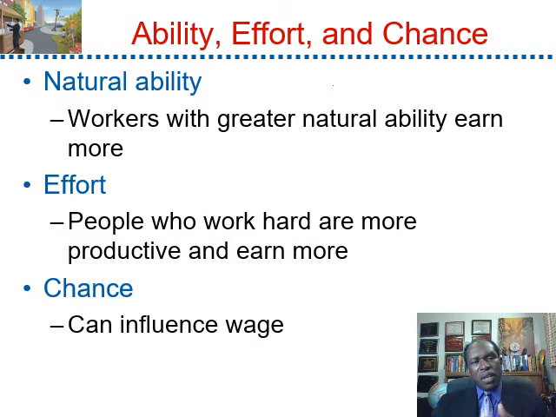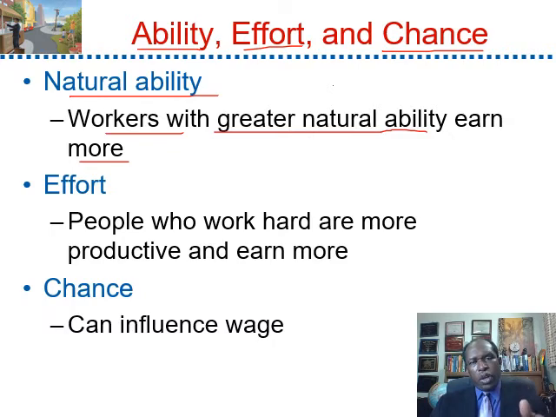Another factor explaining wages is the ability, the effort, and the chance of the worker. Natural ability, for instance: a worker with greater natural ability earns more money. If you look good, good-looking workers get paid more in the US.